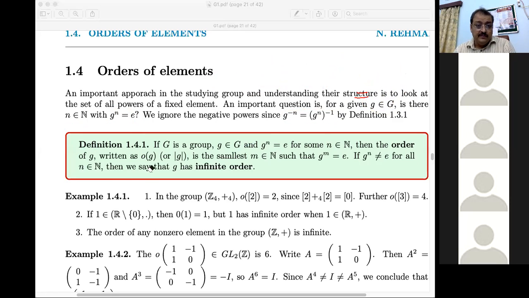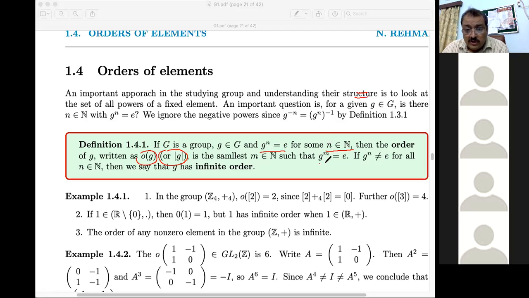If G is a group, and g is an element of G with g to the power n equal to identity for some n belonging to the natural numbers, that is some positive integer, then the order of g is written as O(g), and it is the smallest m belonging to N such that g to the power m is equal to identity.